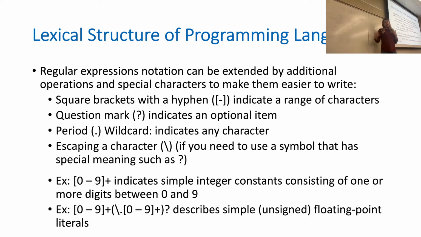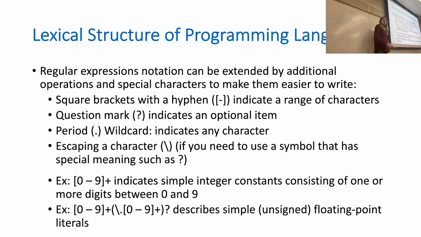And an escape character, just like in programming: if you need to use a meta symbol character as just a normal character, the backslash is there to escape it. So if you need to match a question mark character and you don't want that to be the meta symbol of optional, backslash question mark will match a single question mark character.